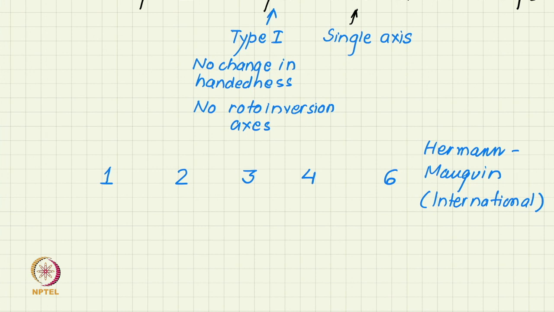The corresponding Schoenflies notations are C1, C2, C3, C4 and C6. C in this case stands for cyclic because these groups are cyclic. They can be generated by one operation. So, these are the 5 monoaxial point groups and we will develop them one by one in this video.